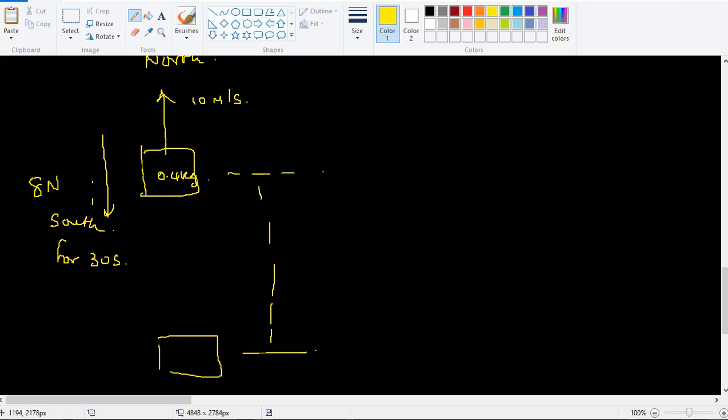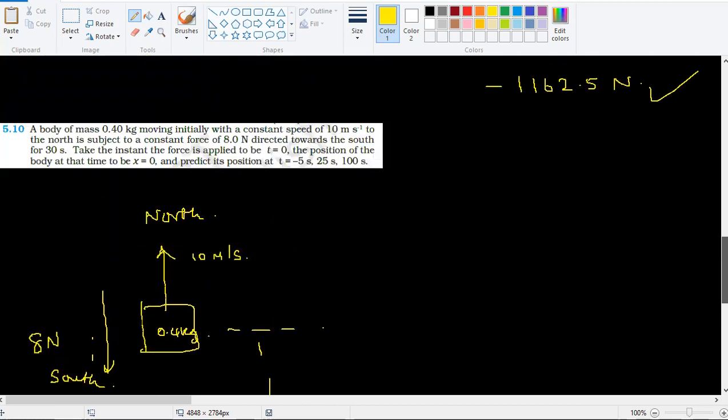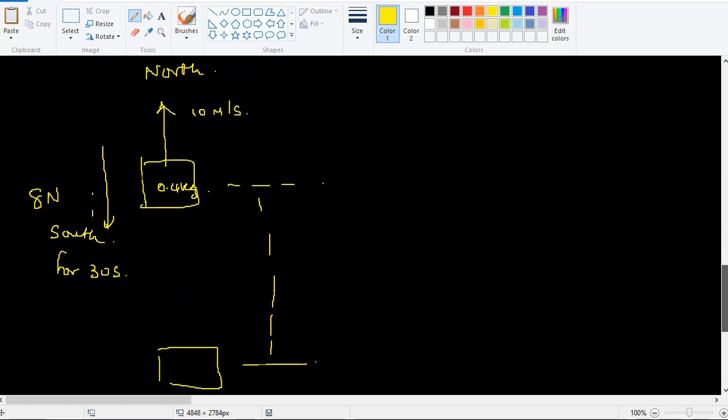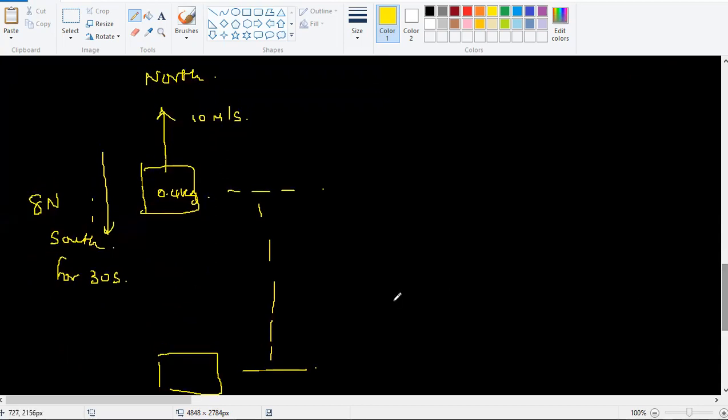So 5 seconds before the time instant, no force was acting on it. Anybody have the answer? The location. This x is equal to 0.